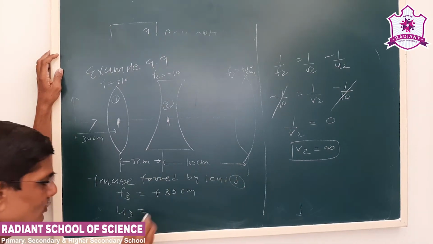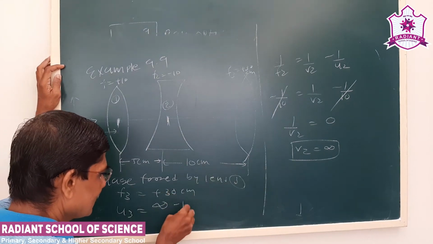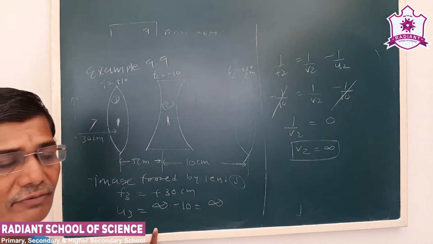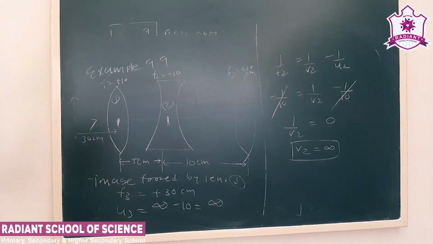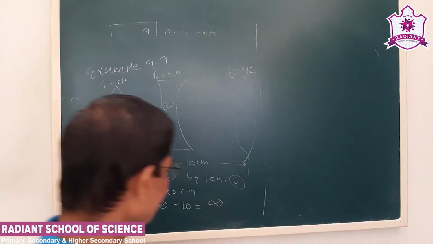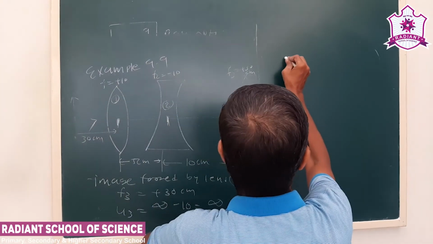So our u3 will be infinite, that we have obtained. If I subtract, there will be no change, because infinite minus anything will not change, so it will remain infinite. So for lens 3, the focal length is 30 centimeter and the object distance is infinite.